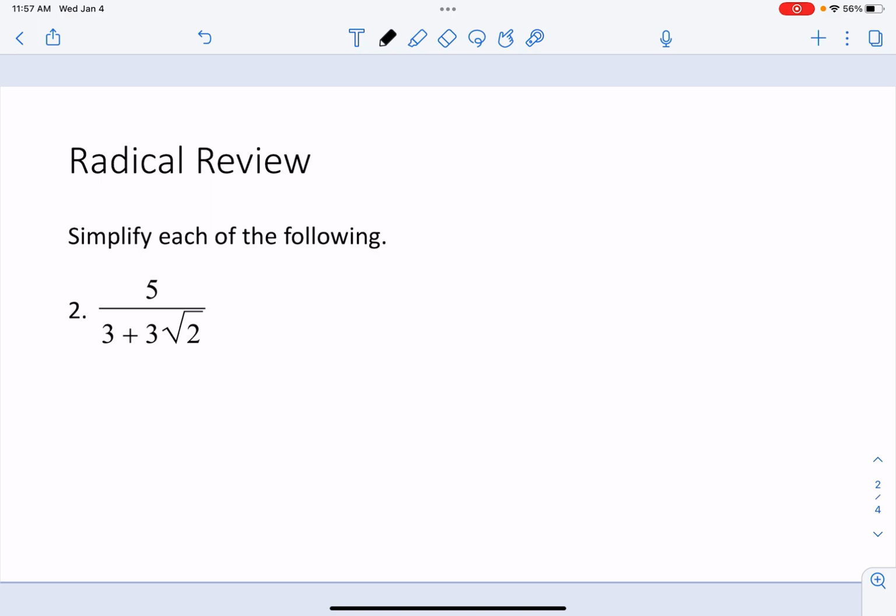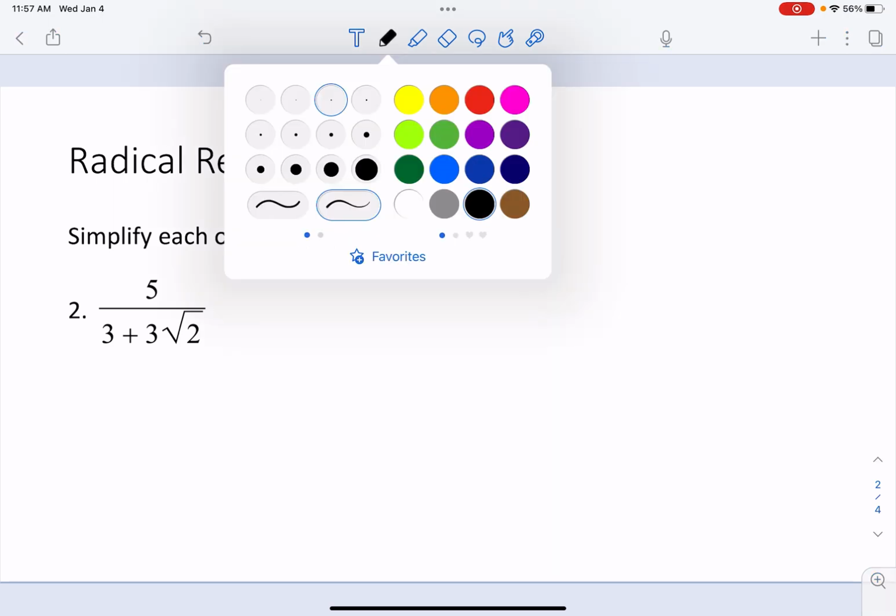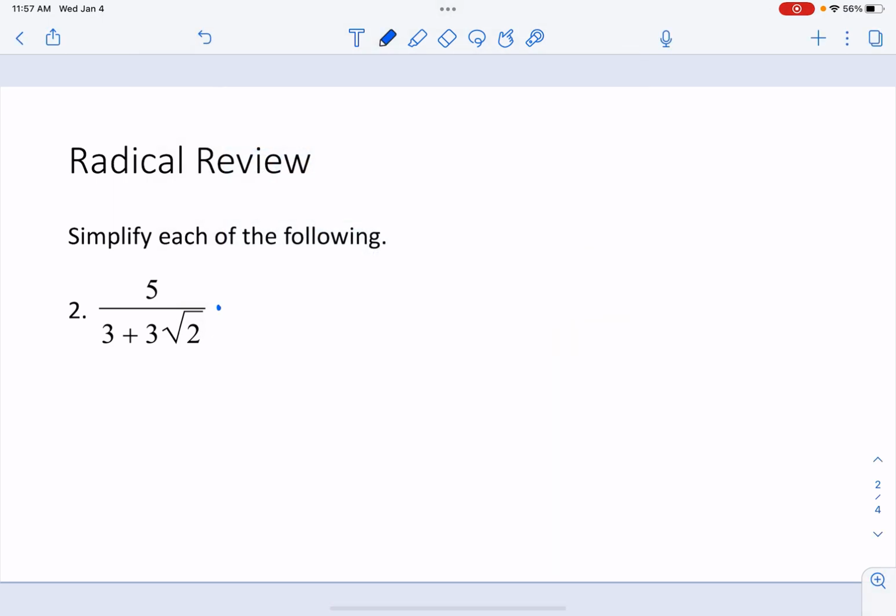Okay, the next one. So here, this one's a little bit more complicated. Again, you want to make sure you are multiplying the same thing on the top and the bottom. 3 minus 3 root 2.